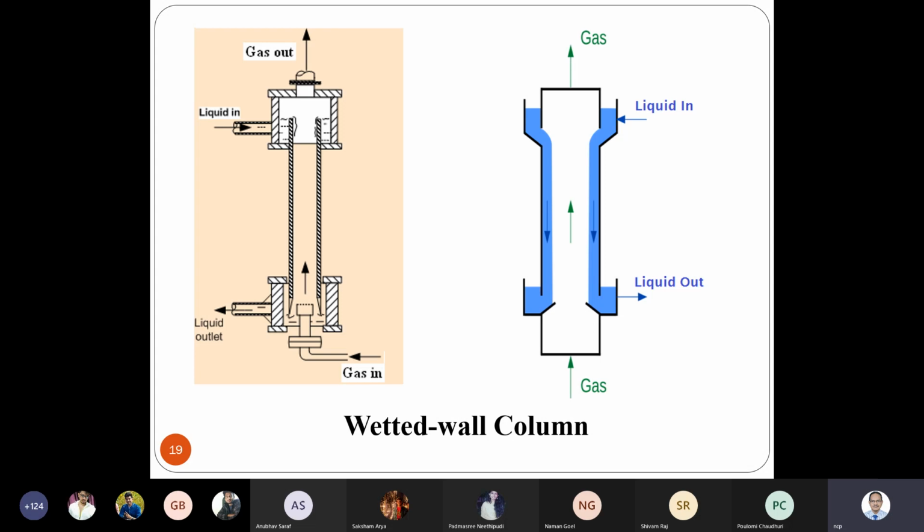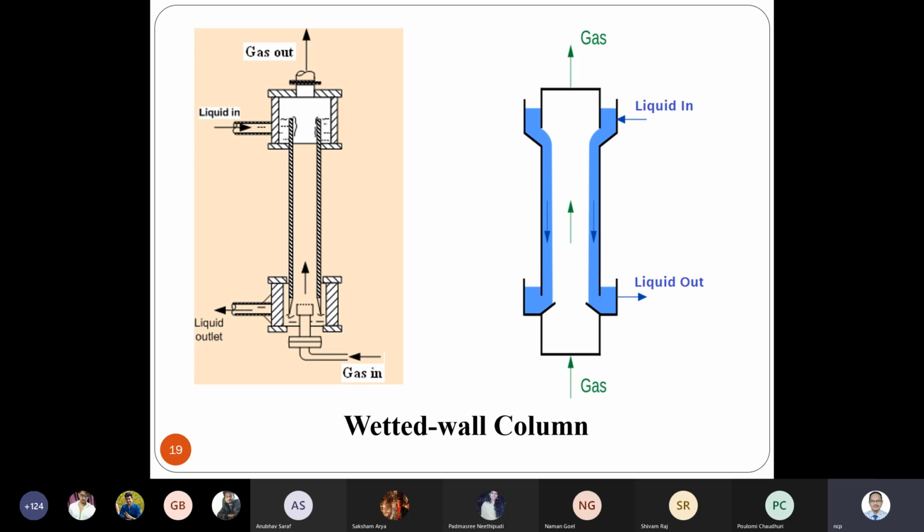Then next is the wetted wall column. Here the liquid is dispersed not in the form of fine droplets, but in the form of a thin liquid film, as we can see here clearly. The liquid is fed from the top.